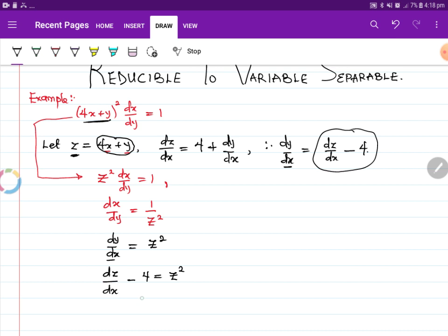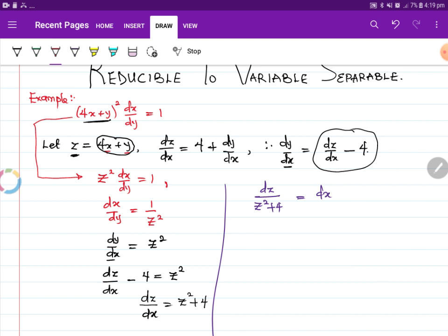Okay, so from here, I have dz over dx is equal to z squared plus 4 by taking minus 4 to the other side. So at this point, I can separate them. If I'm to separate this, I have dz over z squared plus 4 is equal to dx.